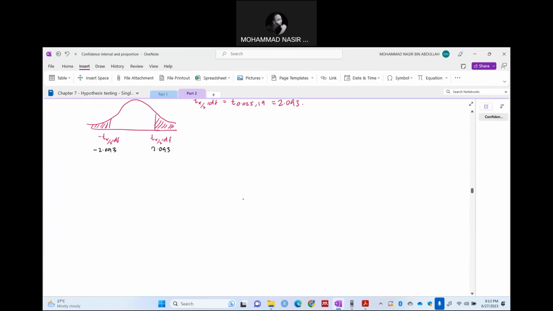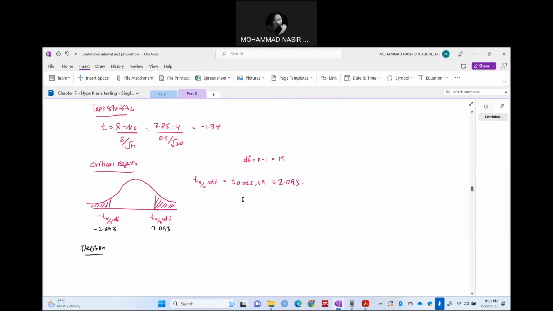So to make a decision, our t calculated is not less than negative 2.093, right?